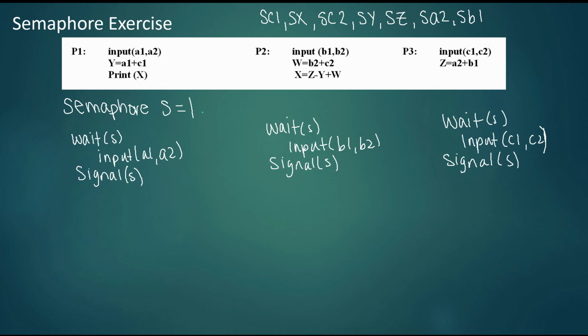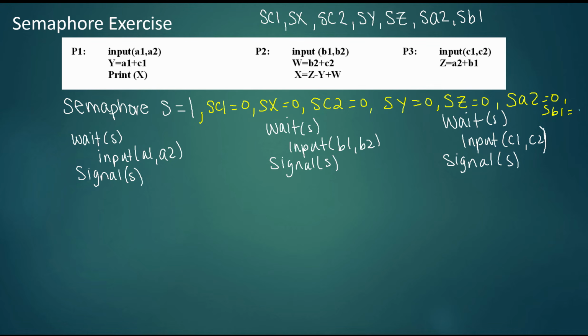So we're going to initialize SC1 to 0, SX to 0, SC2 to 0, SY to 0, SZ to 0, SA2 to 0, and SB1 to 0. So all of these semaphores, this is just the list up here, are now initialized to 0, which is forcing the process that's waiting for it to have the signal come first.